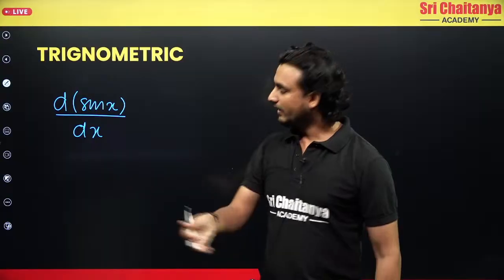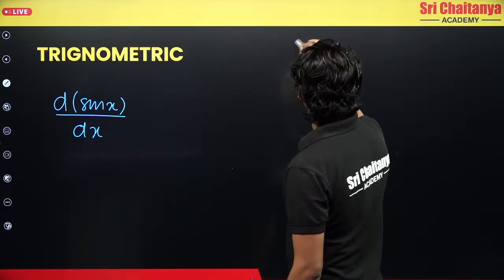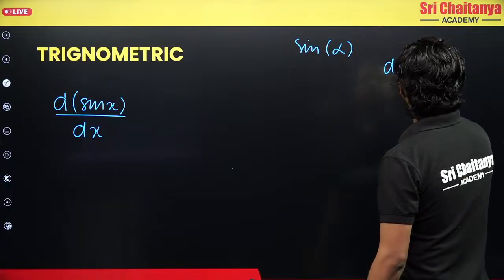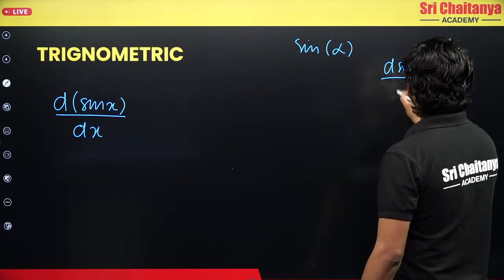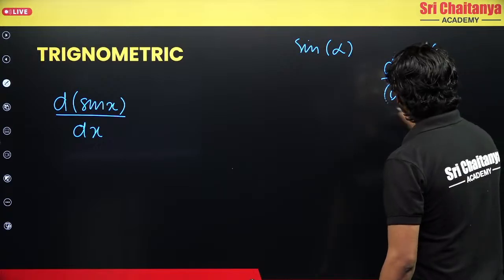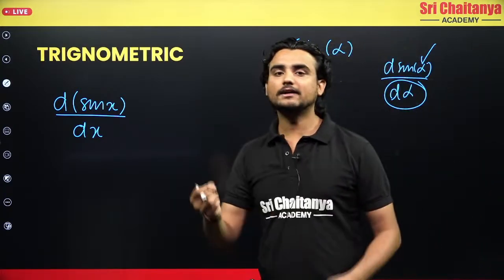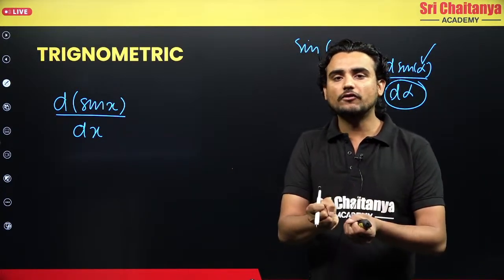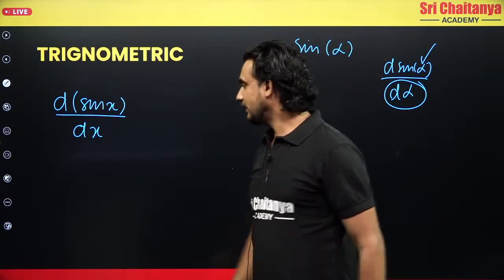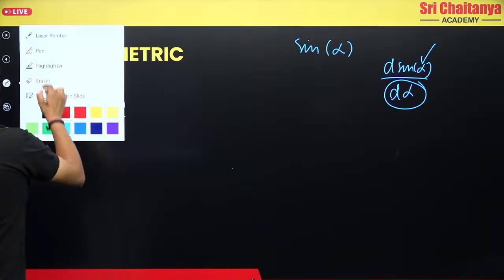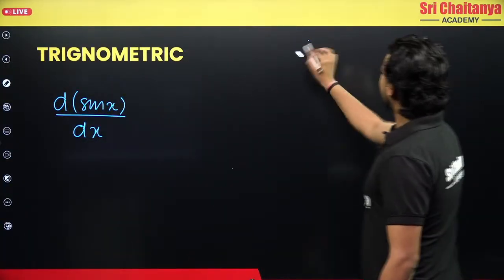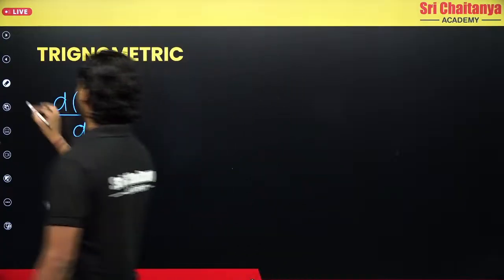Similarly, I can write sine alpha, then differentiation of sine alpha with respect to alpha, because my input variable is alpha, so it will change with alpha. What I am saying is that differentiation is change of my output quantity with respect to the input quantity. We are dealing here in terms of x and y because we take input as x and output as y, but I can always change the input to some other variable also.